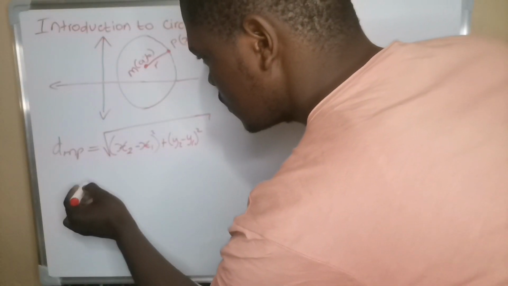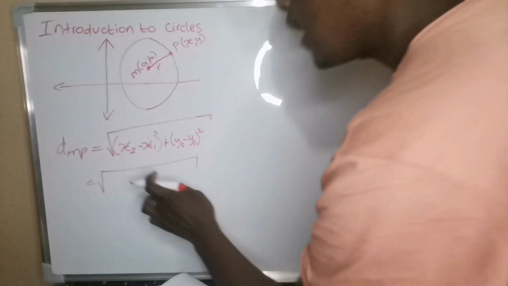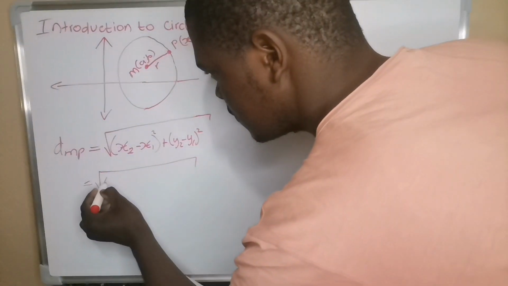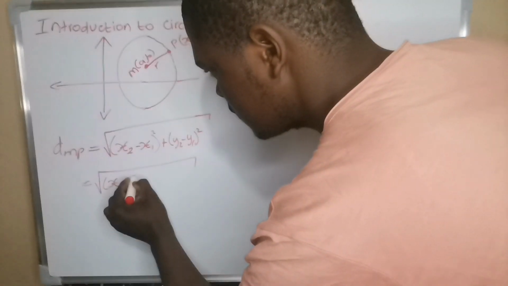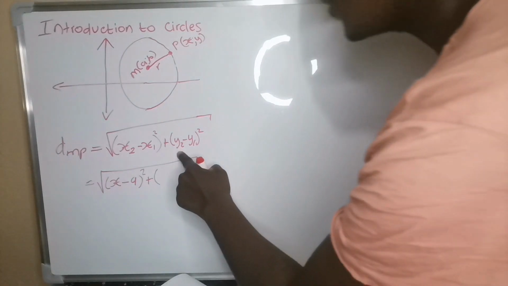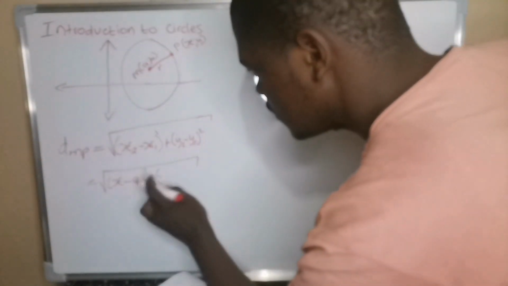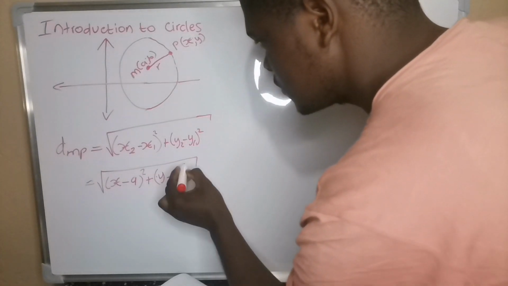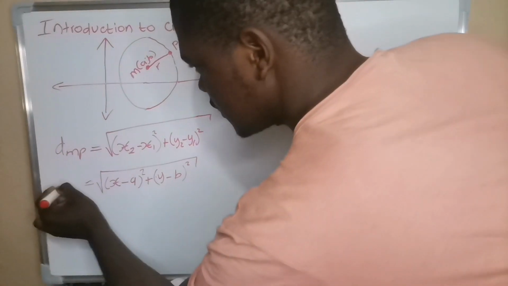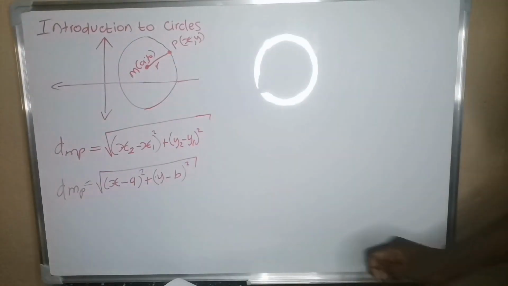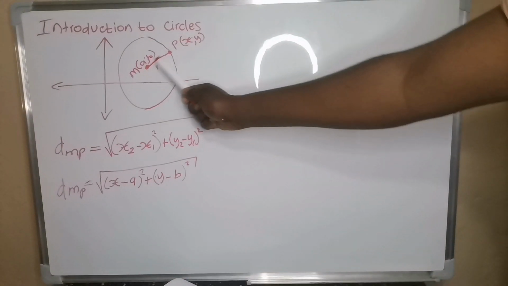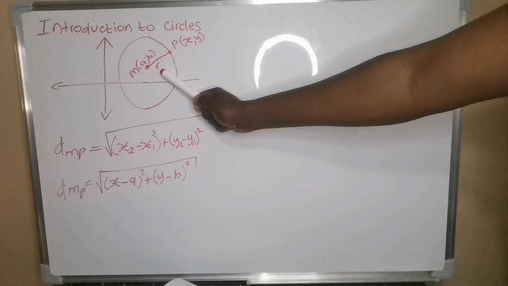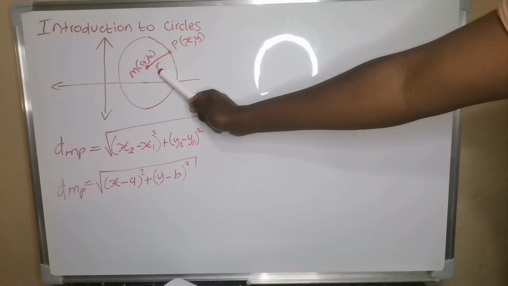This is equal to the square root of: x2 is our x, x1 is our a, y2 is our y, y1 is our b. This is the distance of M and P. That's how you find the distance of MP. Since the distance from M to P is r, the distance from M to P is r length.